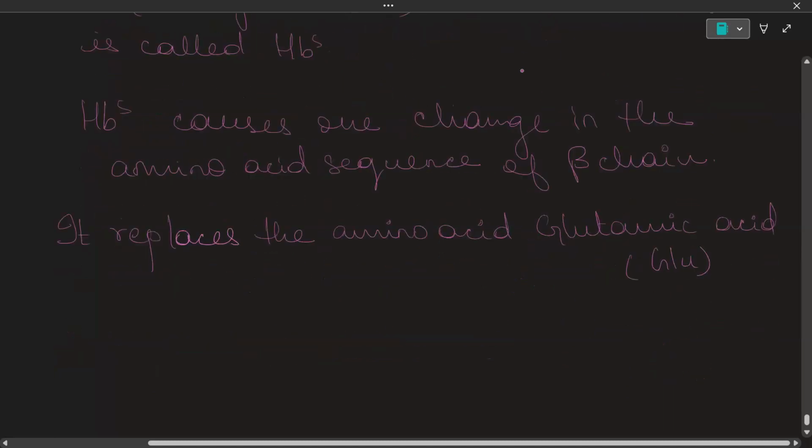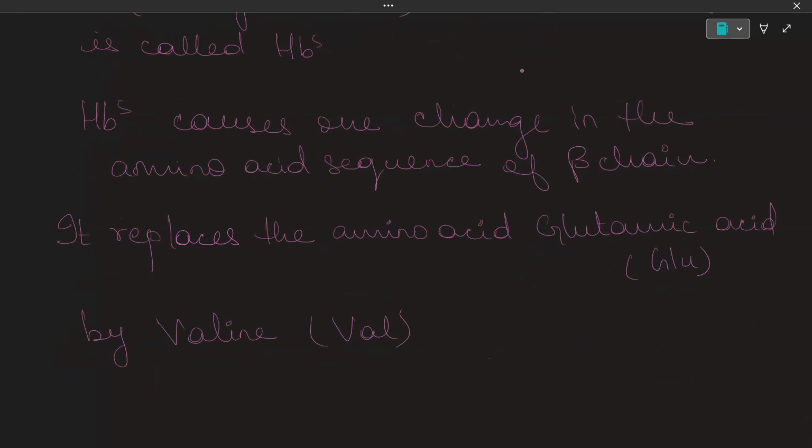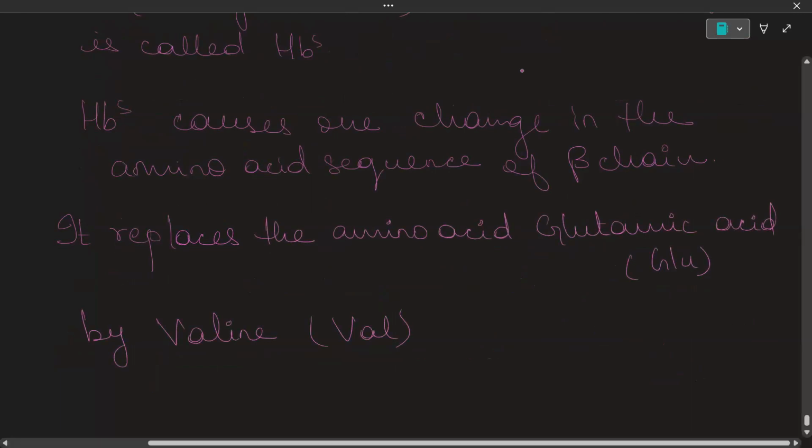Okay, and it is replacing it by valine, which is represented by VAL. Now, where is it being done? So, at the sixth position. They also ask the position, like which position. So, at the sixth position of the hemoglobin chain or of the beta chain.